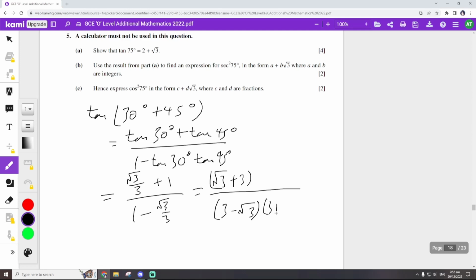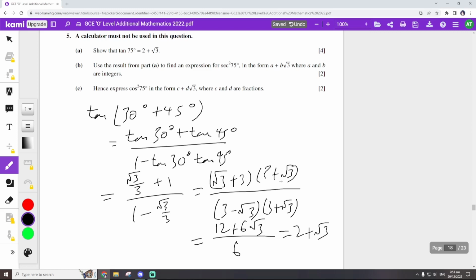If I multiply this by 3 plus root 3, and the top also. Okay, the bottom simplifies to 3 squared minus root 3 squared, so this is 6. And here at the top you get 9, 3, 12, so you get 12 plus 6 root 3. Yeah, and this is 2 plus root 3.